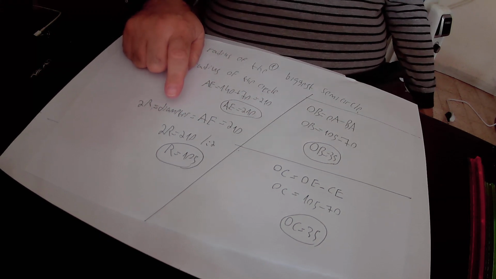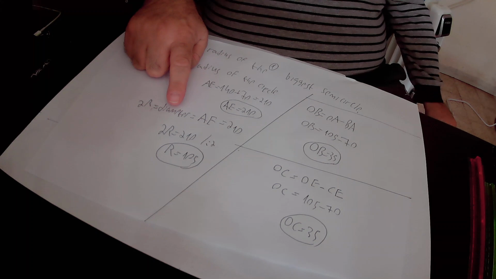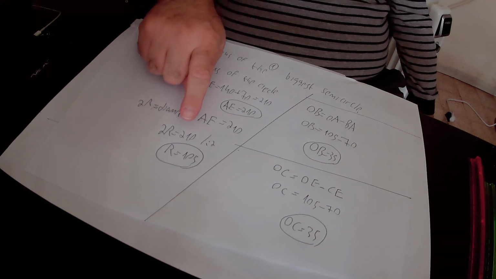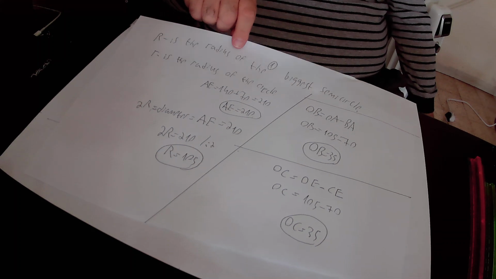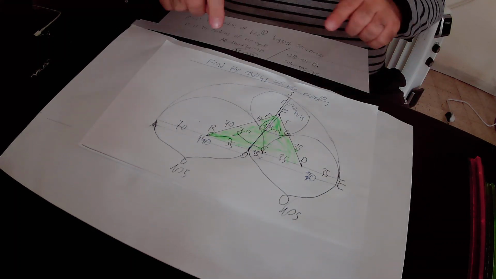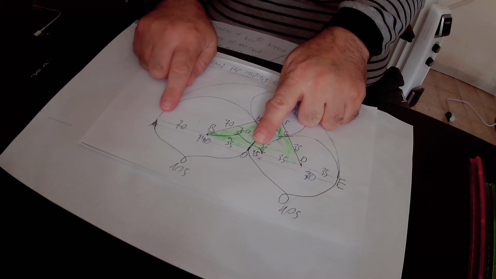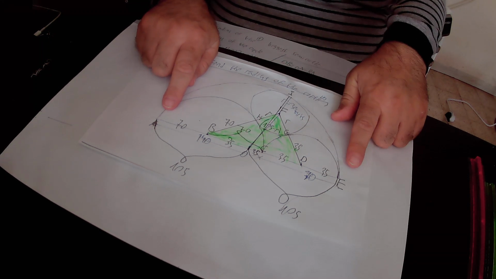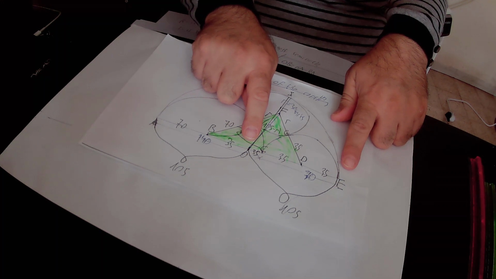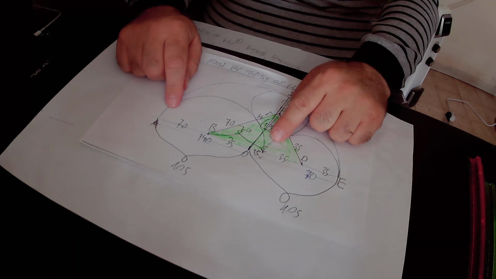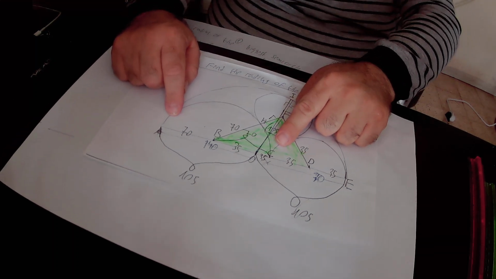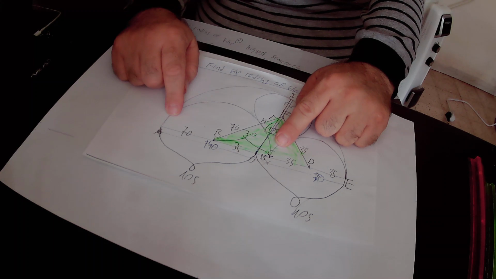We divide this equation by 2, and we find that capital R equals 210 over 2, that is 105 units. So the radius of the biggest semicircle AO equals 105 units, and the radius OE equals 105 units.